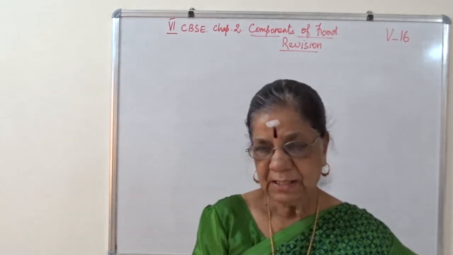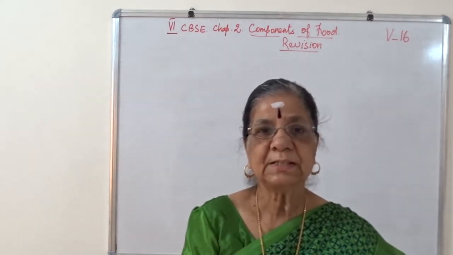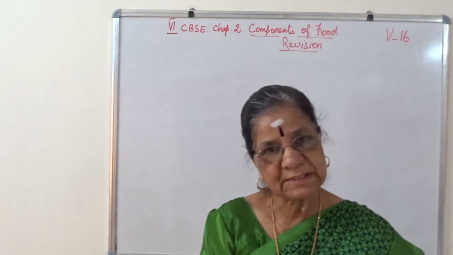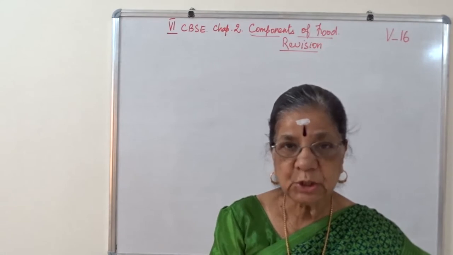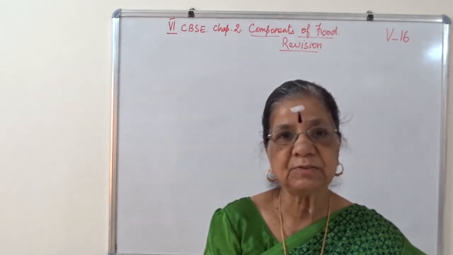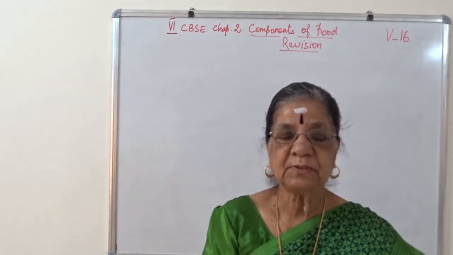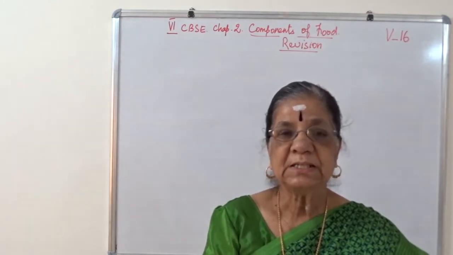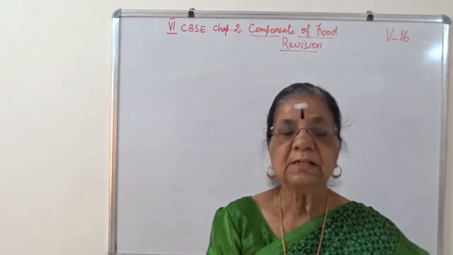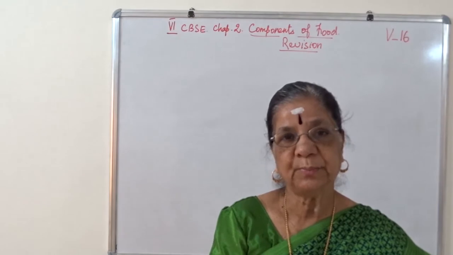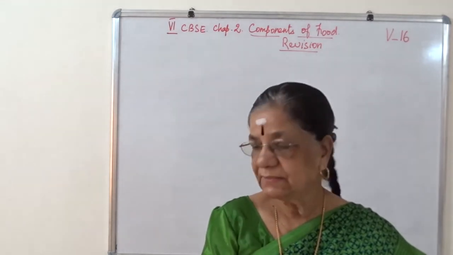Roughage is the fiber content of the food, which will not be digested, because our digestive system does not have any special enzyme to digest the cellulose material, unlike that of ruminants.